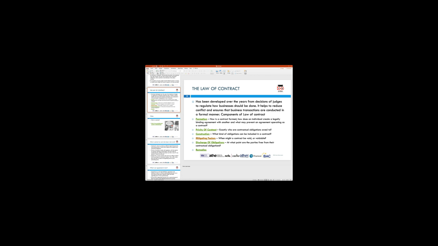Now, there are elements of it wherein the contract has to be made, contract has to be understood, any exclusion clauses have to be included. If for some reason the contracts cannot be delivered, then we have to look at mitigating factors, and clear roles and responsibilities in terms of discharge of duties or obligations also have to be defined in the contract.